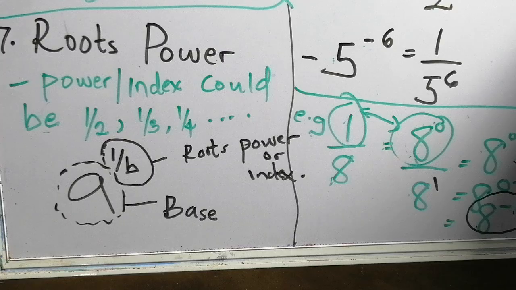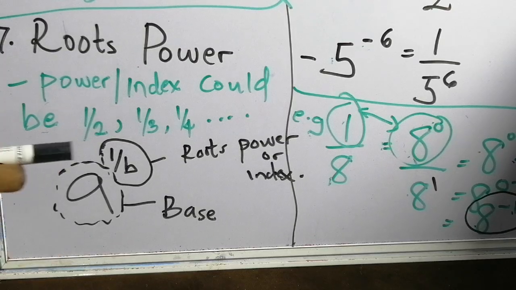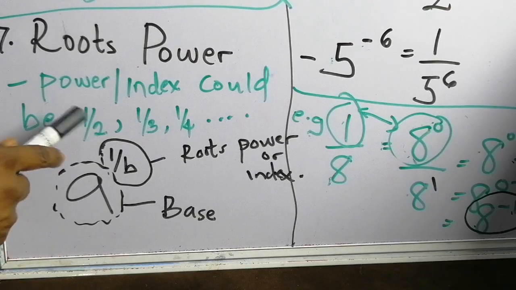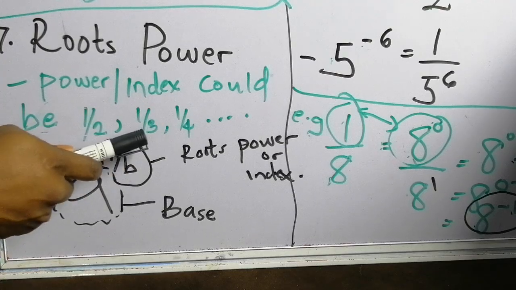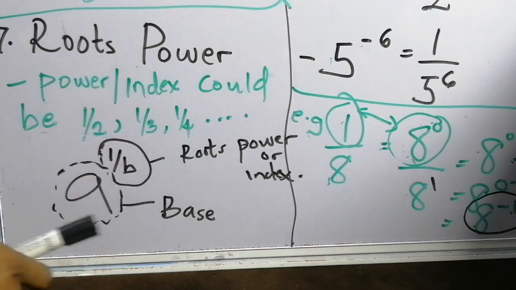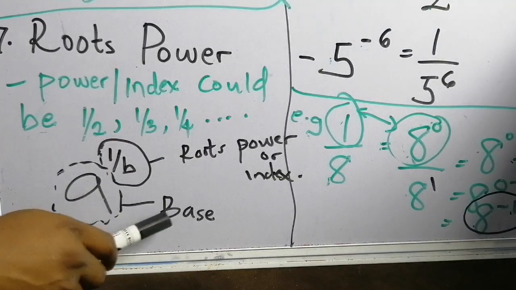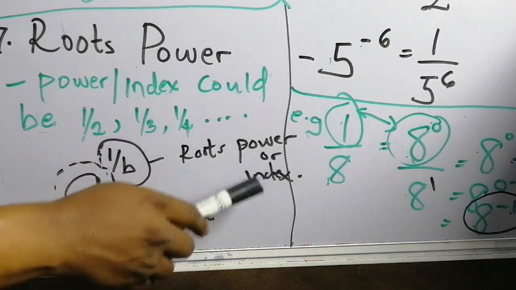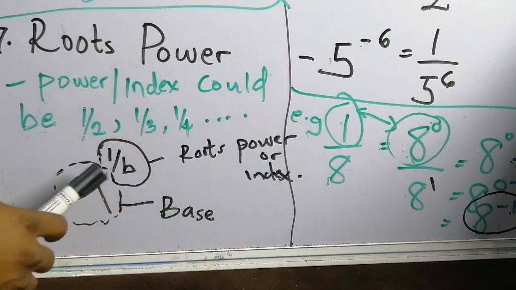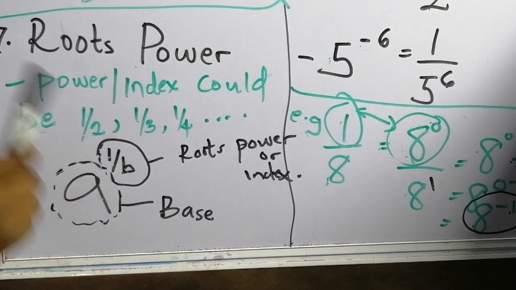You just need to know them if you want to perform very well in indices. It's not rocket science; they are all guided by laws. Now, I use this as a general one to represent it. This is the base, and this is the root power, or index. It can be 1 over 2, 1 over 3, 1 over 4, 1 over 5.